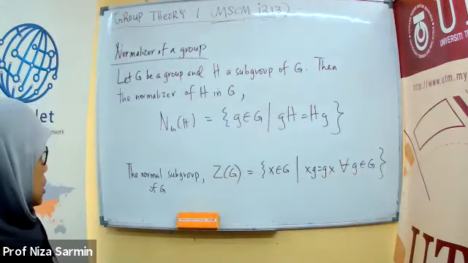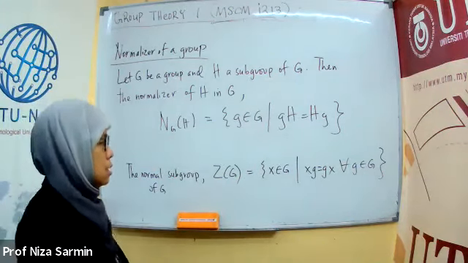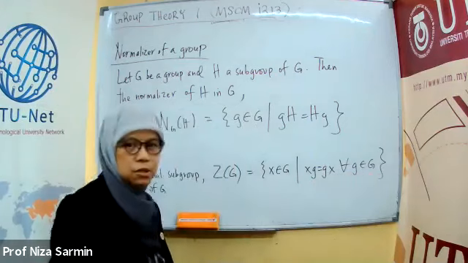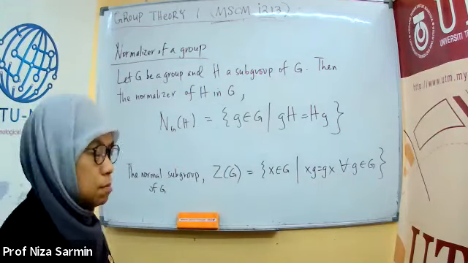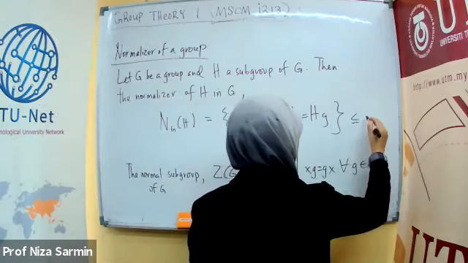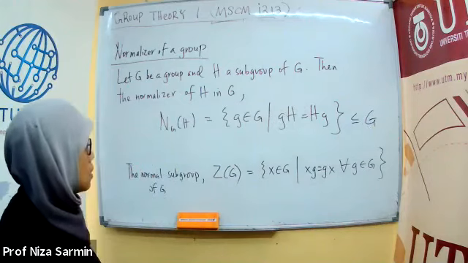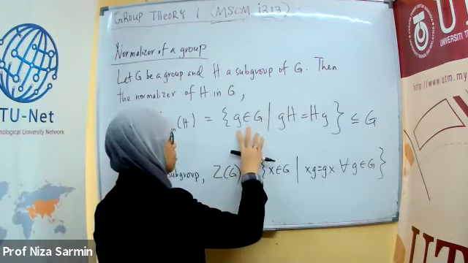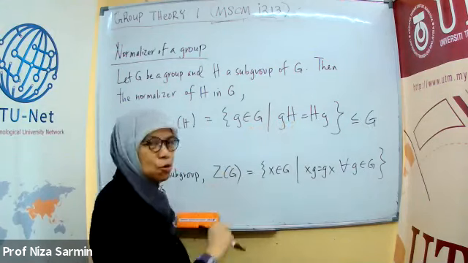Okay, so the normal subgroup is all elements that commute with all other elements in G. The normalizer is a subgroup of G. Its elements are the set of elements that commute with this subgroup H.